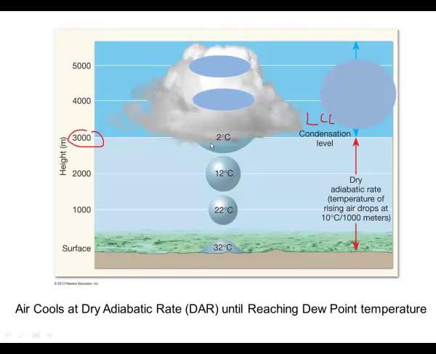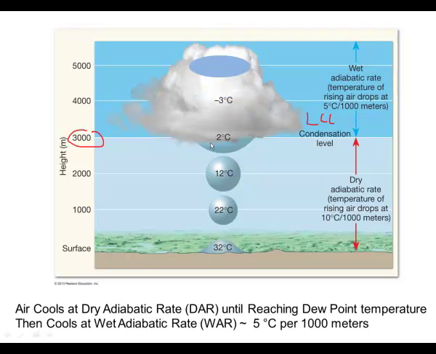All right. Now we switch gears. When condensation is occurring, check this out. Now you need to apply this rate. So it's going to cool from 5 to what? -3. Okay? Condensation is still going on. It's going to cool from -3 to -8. You buy that? I do. Not too bad.